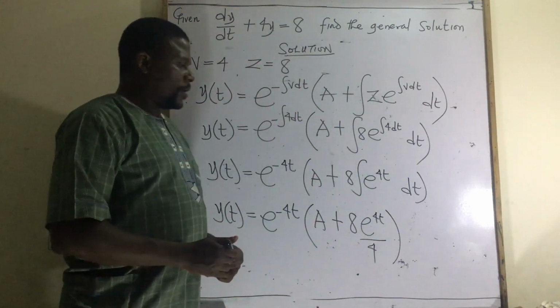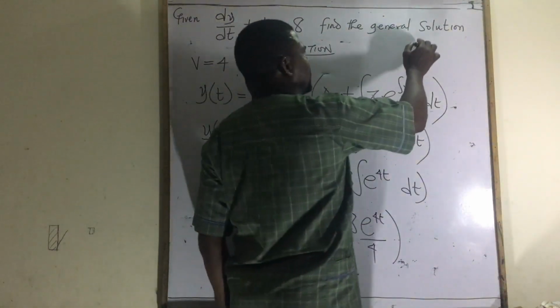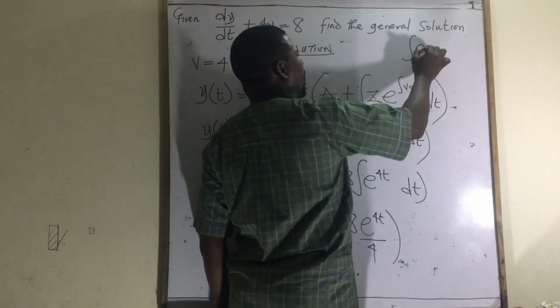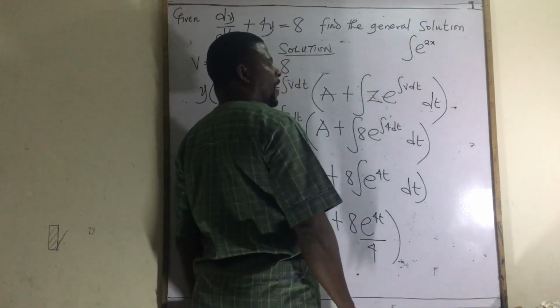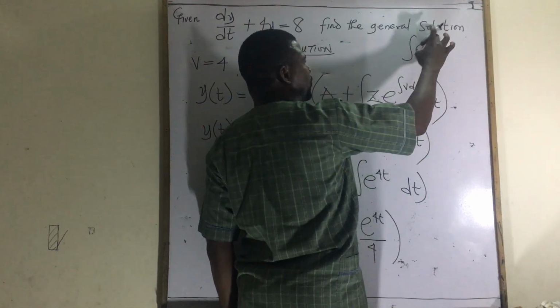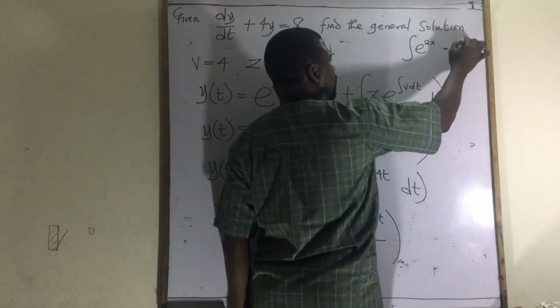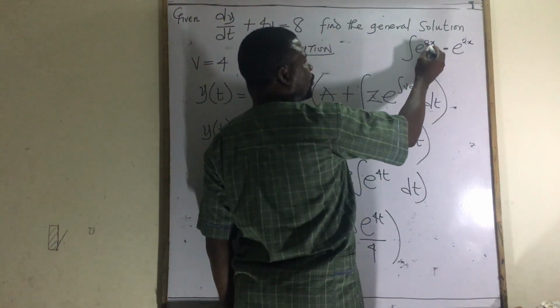Now in integration, if I integrate e raised to power 2x, if I have something like this I want to integrate, what I will do is I will first rewrite the question, e^2x. Then I will differentiate this 2x.